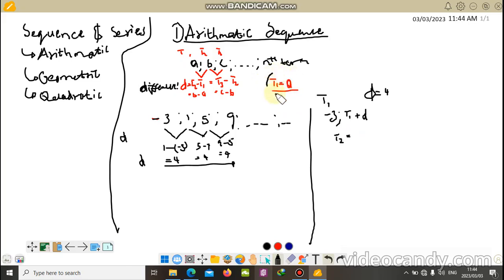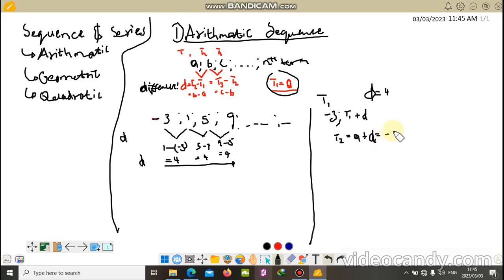T1 is equal to A. So this is the same as A plus D, right? So if you know A and you know D, the common difference, don't mix this D with the D that you find in the sequence. This D is the common difference. So if you know A, the first term, and you know D, the common difference, then you can find term 2.